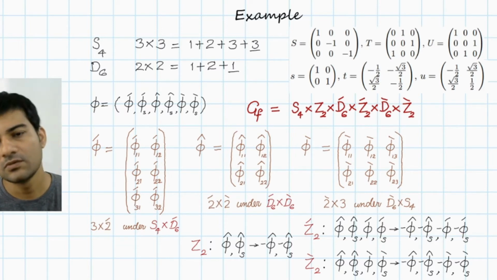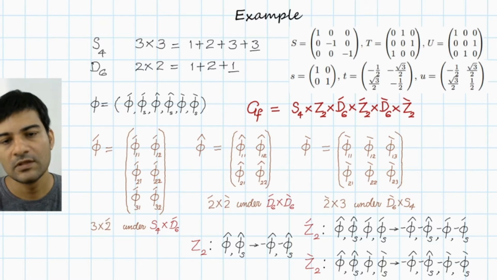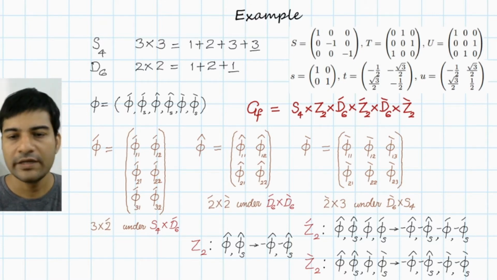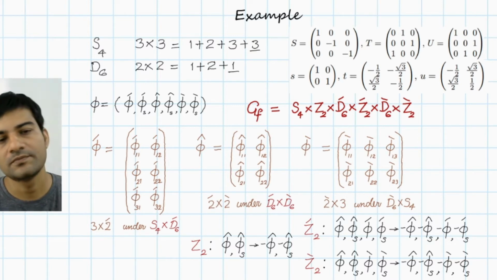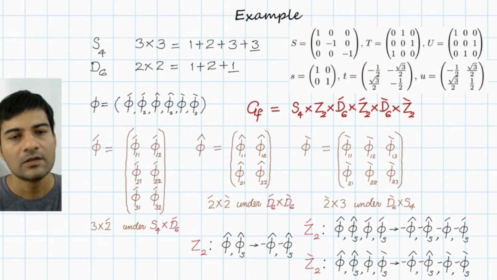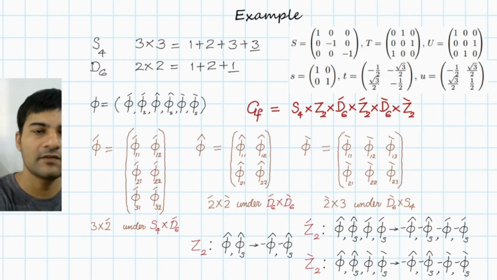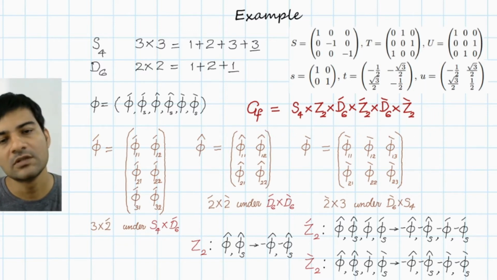The other two are invariant. Finally, here you have the transformation under grave Z2. So we have the scalar field and we have the symmetry group under which the scalar field transforms.